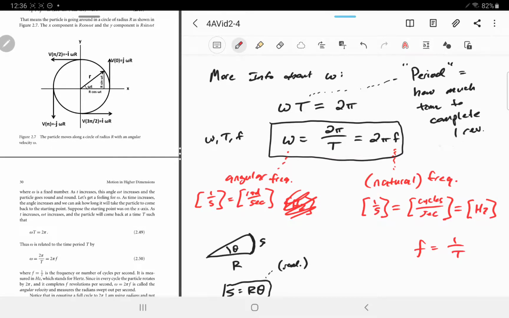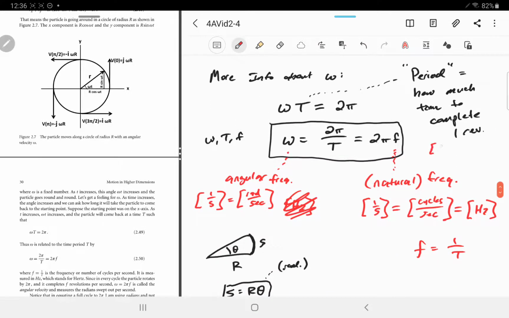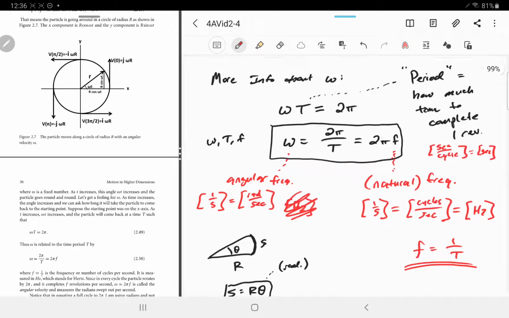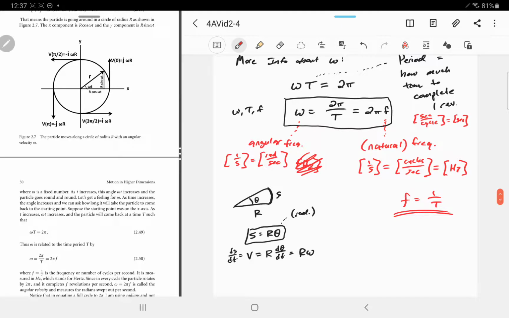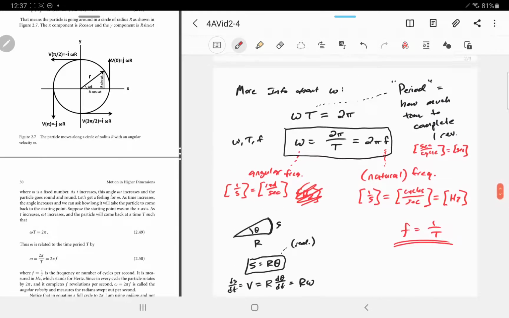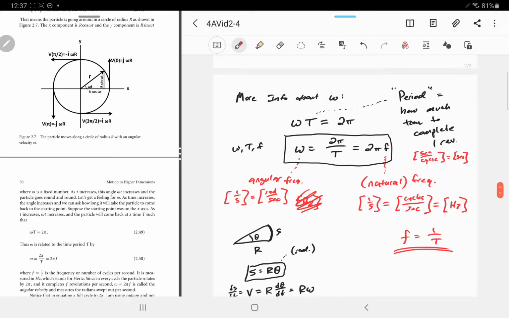So if period is seconds per cycle, how much time to complete 1 revolution, seconds per cycle, or seconds per revolution, or just seconds, then if you take the inverse of that, that's cycles per second. So it makes sense that these two are related just by one being the reciprocal of the other. Okay, I think that's all I want to say about frequency and period at this time. But we're going to be using all 3 of these terms quite often in this course.